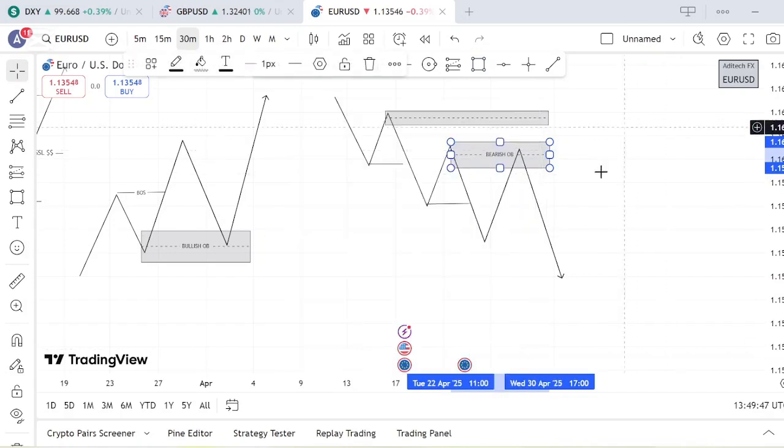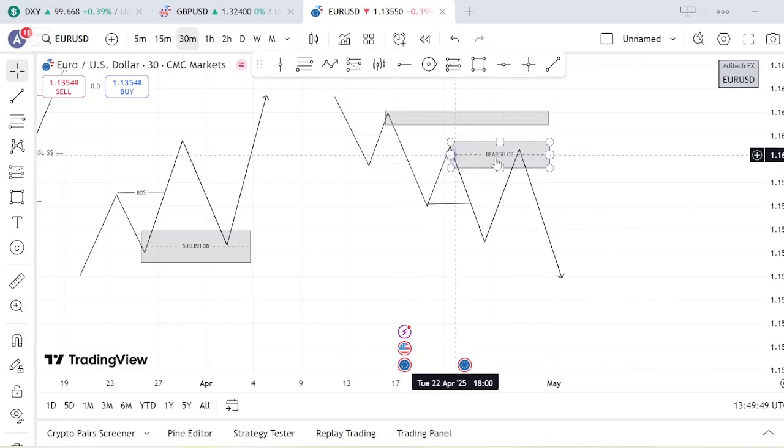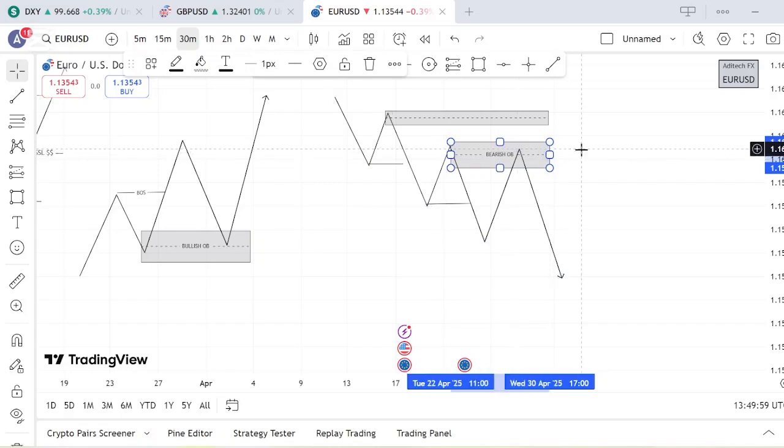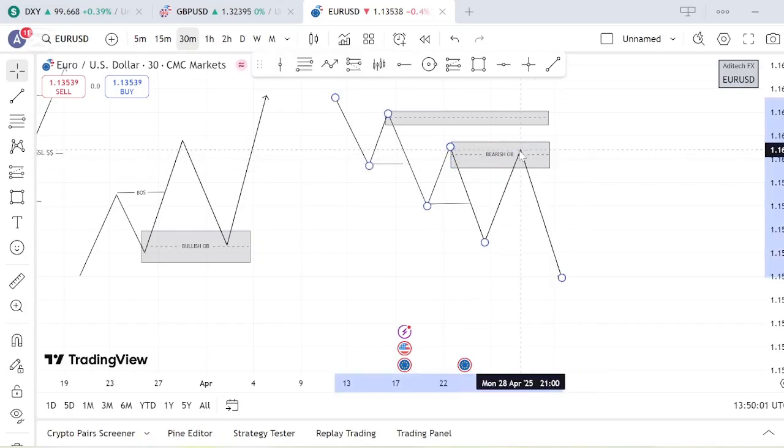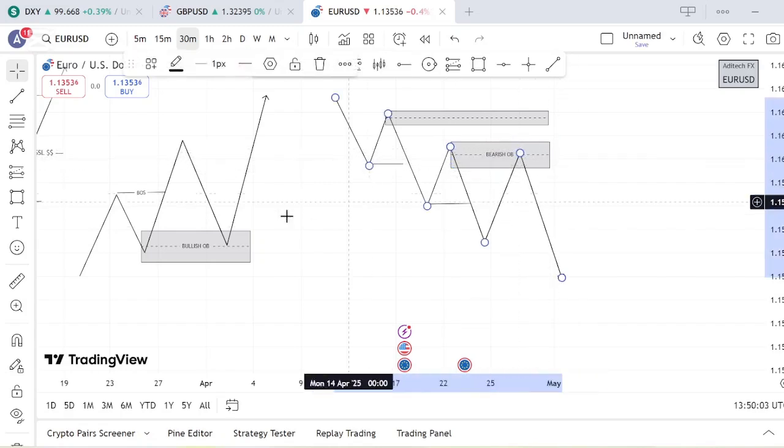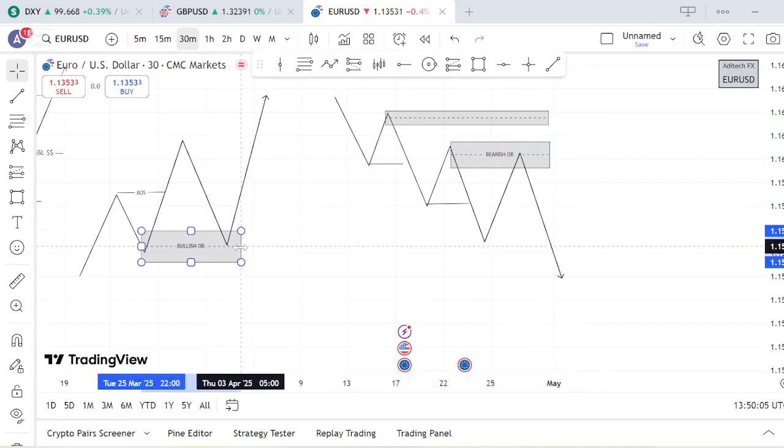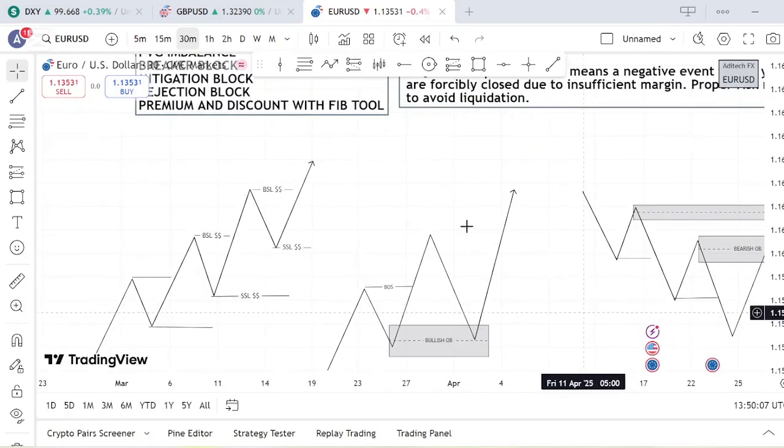Why is it a bearish order block? Because it is the last bullish candlestick before the break of structure to the downside. Don't worry, I'll show you on the chart. You simply mark it out and you are going to find an entry right here. That is basically what we use order blocks for in the ICT concept.